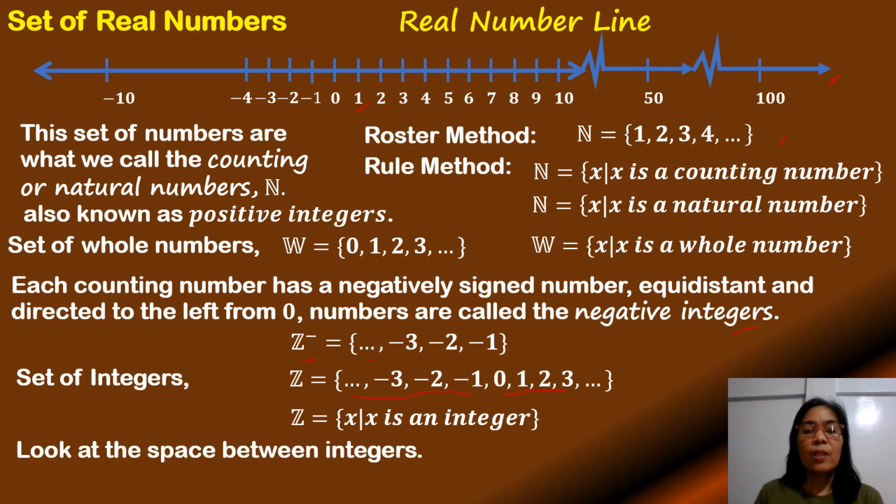Now look at the space between integers. Between 1 and 2, there is that distance. Between 2 and 3, there is that distance. Between negative 1 and 0, we have this distance between these two numbers.